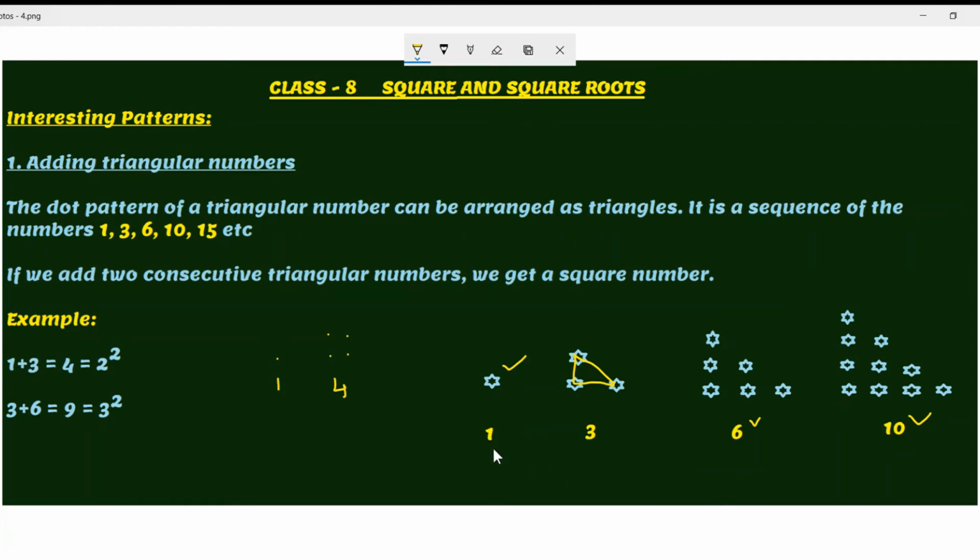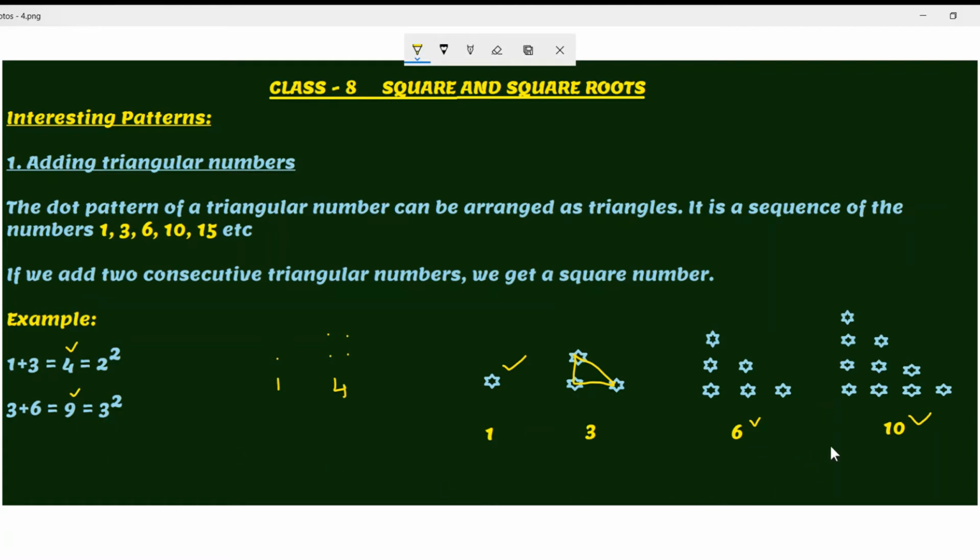If you add any two consecutive triangular numbers, if you add 1 plus 3, you will get 4. 4 is the square number of 2. If you add 3 and 6, you will get 9. 9 is the square number of 3.